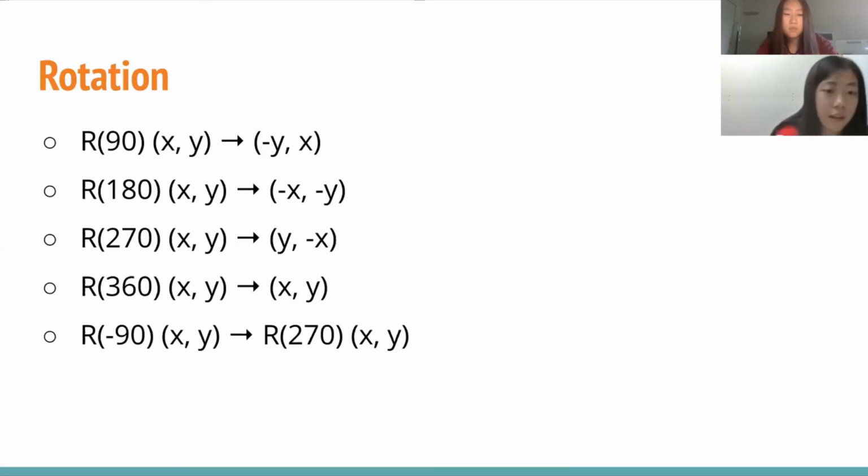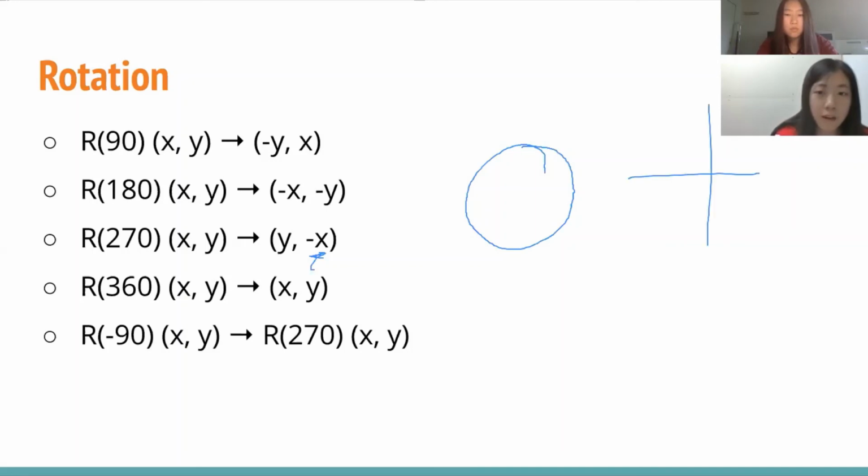And for a rotation of 360, you stay the same because 360 degrees is a full circle, so you return to the place that you are. And for negative degrees, it's like going backwards. So if you start over here going negative 90 degrees, you're going to go over here, which is 270 degrees.